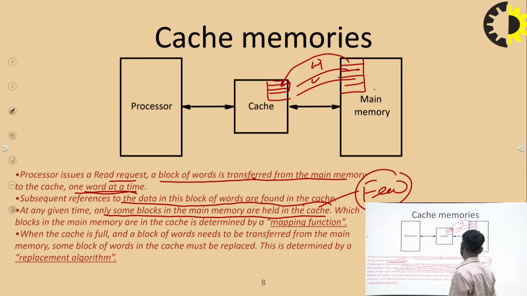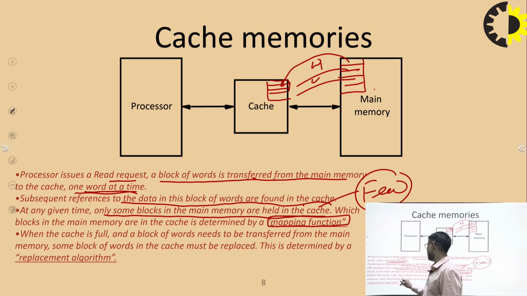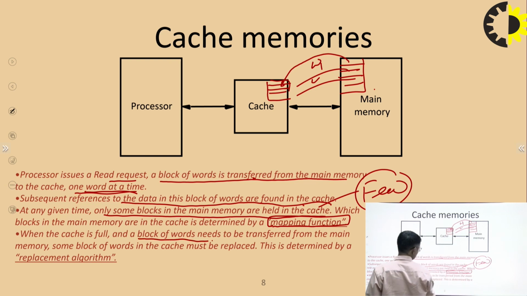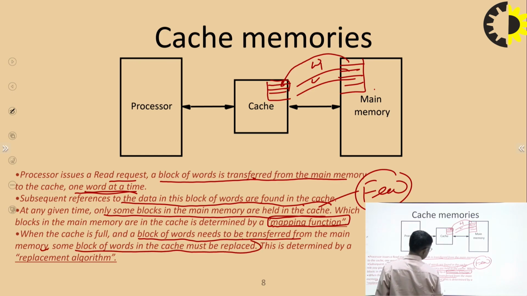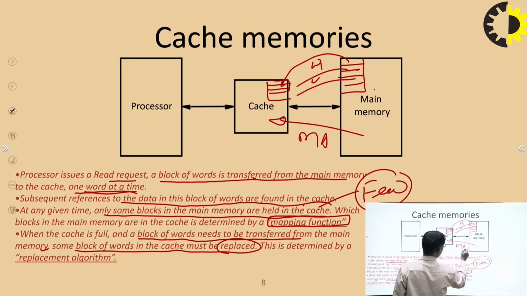There is one simple issue: where to place these blocks in the cache. There is a mapping function, called placement of a main memory block into a cache block. When the cache is full and a block of words needs to be transferred from the main memory, some blocks of words in the cache must be replaced. So first we have to map; when we bring a block here, it is called mapping.